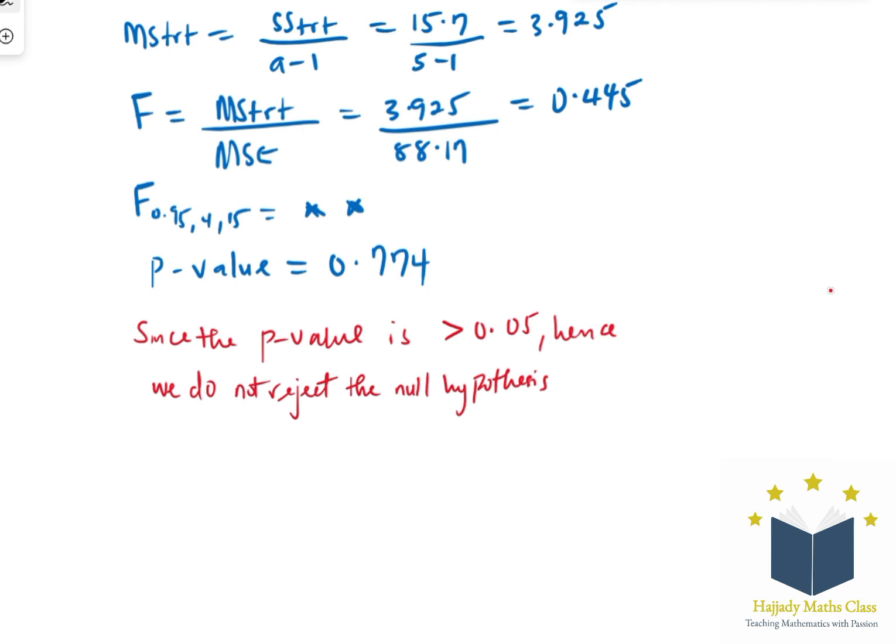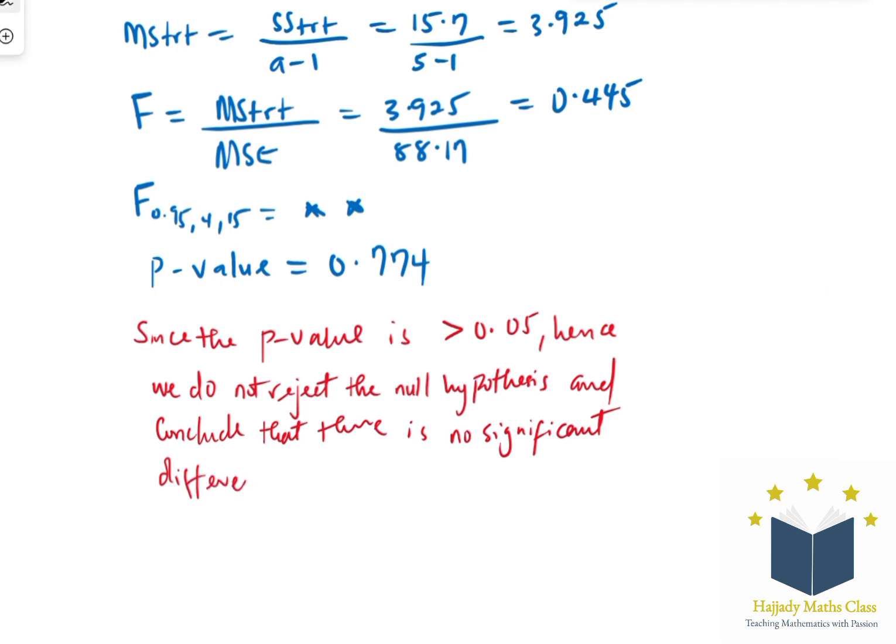So we do not reject the null hypothesis and conclude that there is no significant difference in the 4 types of coating of TV tubes.